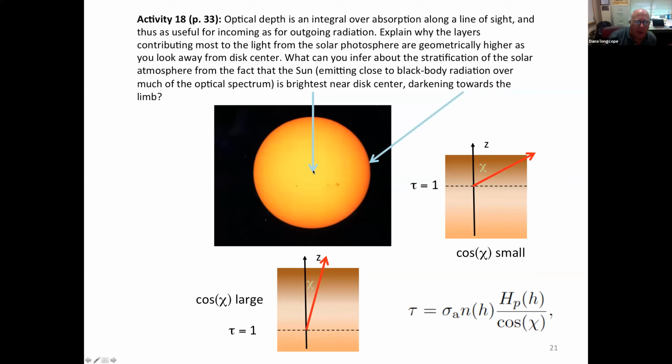Okay, we know that this atmosphere falls off over 180 kilometers. So the difference between the tau equals 1 surface here and here is only 50 kilometers or so. But apparently there's a difference in the atmosphere 50 kilometers up.